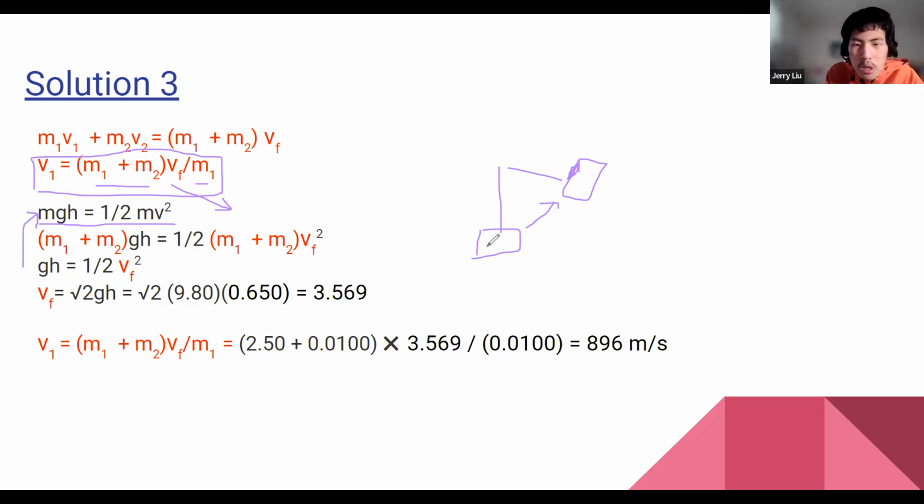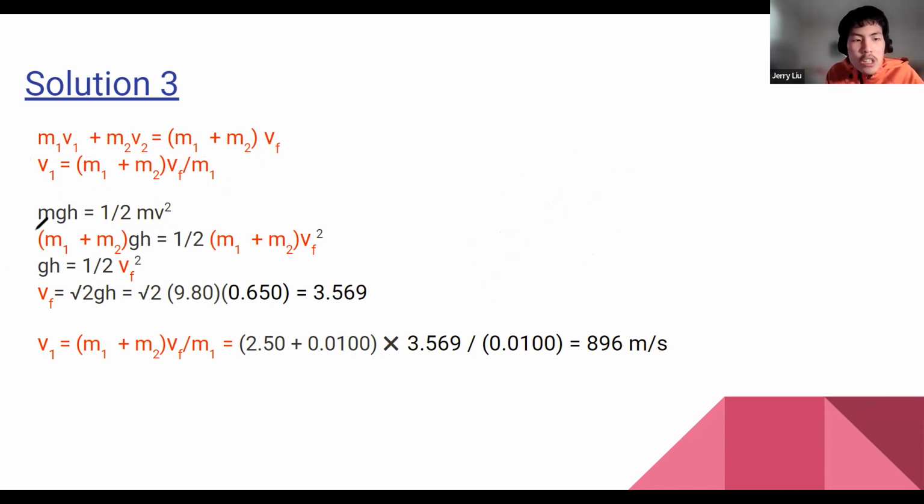When this was moving, it was at its maximum speed right after the collision. And when it reaches its maximum height, it stops moving. So all of that kinetic energy becomes potential energy. Potential energy is mgh, kinetic energy is 1/2 mv squared. So you equate these with each other.